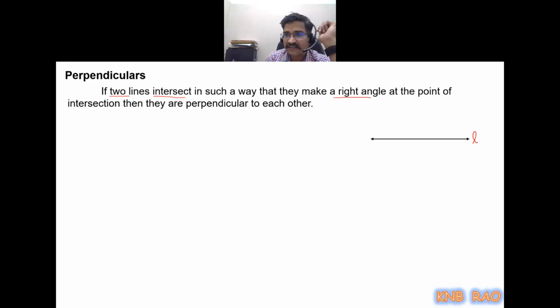And for this line, if I get a line drawn intersecting at a point where at that point the angle is a right angle, then let's say this line is M. Then line M is perpendicular, this is the symbol which we use, to the line L. So if two intersecting lines have a right angle at the point of intersection, we call those lines perpendicular to each other. This is the basic meaning.